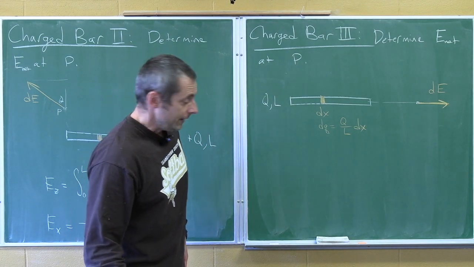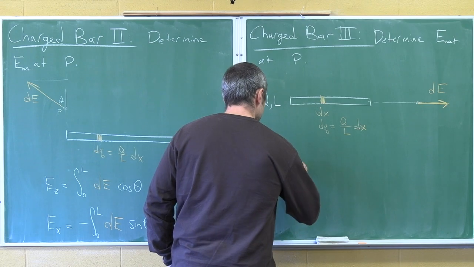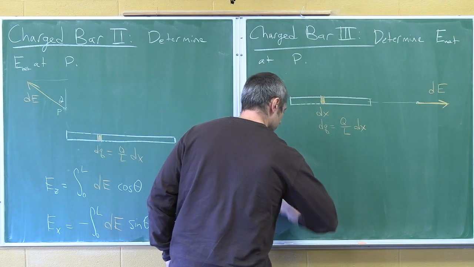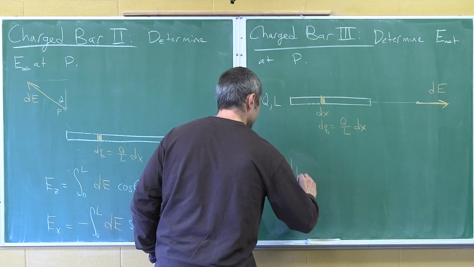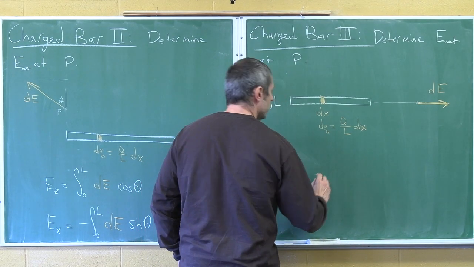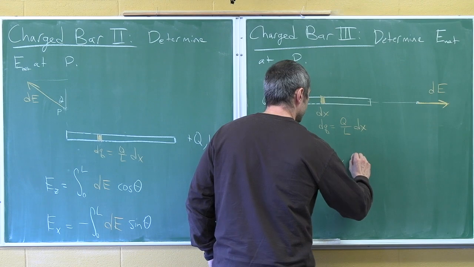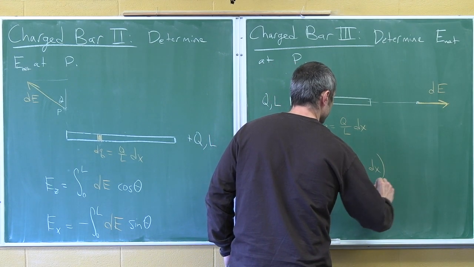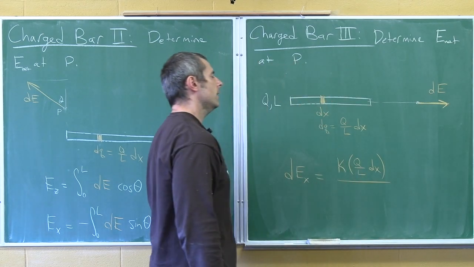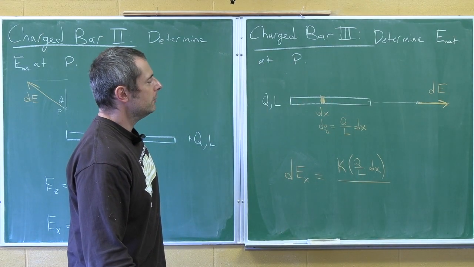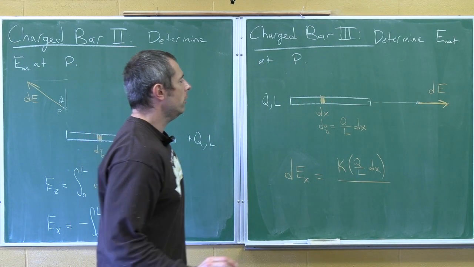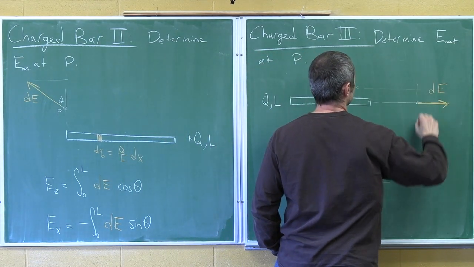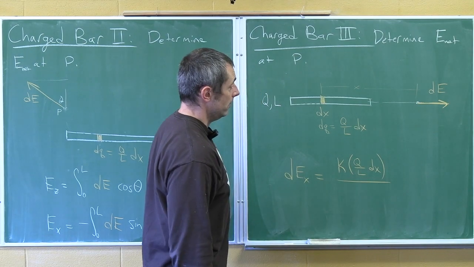What I could do is just say that dEx, let's do color coordinated, dEx will be K, Q, over, what I'm going to do is call this distance x. Okay?